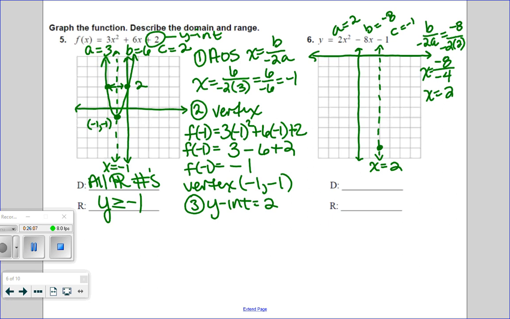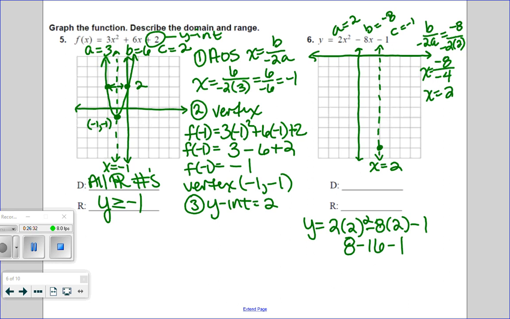When you plug that 2 back in, if we say y equals 2 squared minus 8 times 2 minus 1, that should simplify to negative 9, but let's try it. What's 2 squared? 4. 4 times 2, 8. Negative 8 times 2, negative 16, and then minus 1.